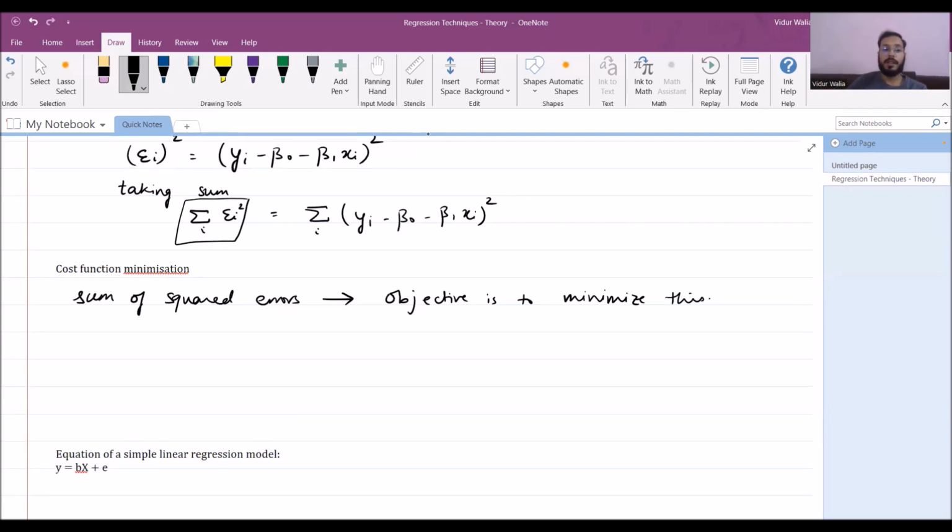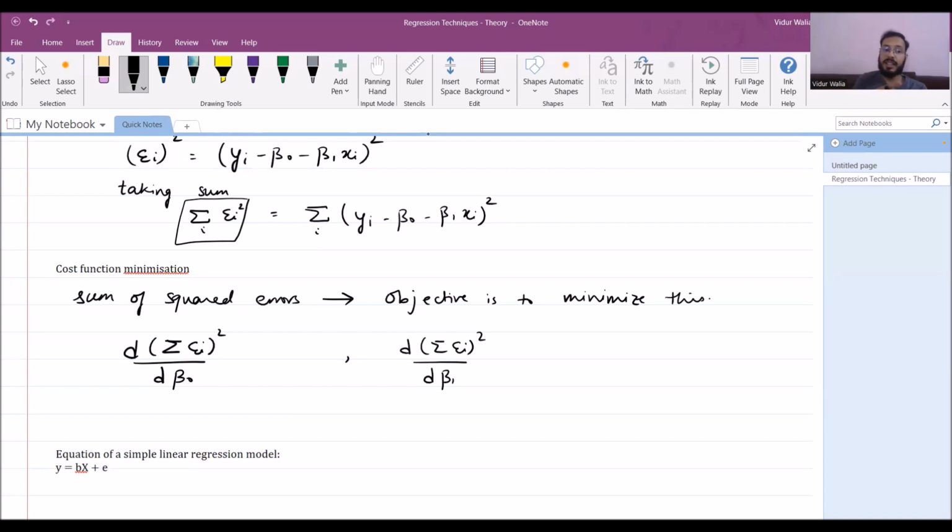And do you remember in the chapter of derivatives, to minimize something, we need to take the derivatives. So if I take the derivative of the summation of epsilon i square with beta naught, and I take the derivative of the summation of epsilon i square with beta 1, I take the derivative, equate it to 0, and then try to find the values of beta naught and beta 1 for which the errors are minimum.